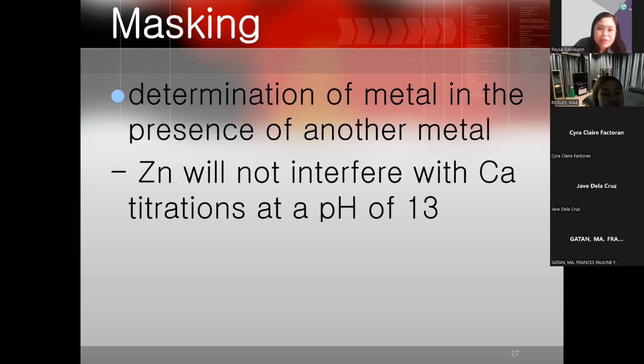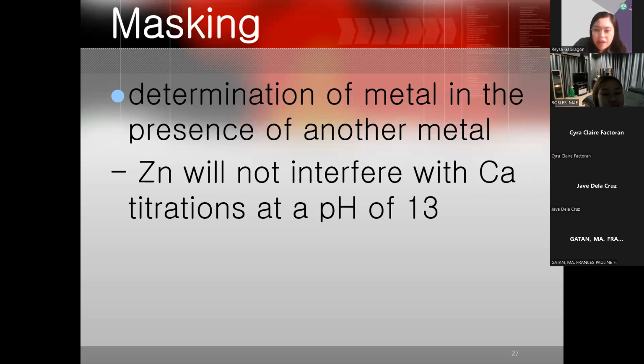So again, imamask natin siya. Just like the example in the screen, zinc will not interfere with calcium titrations at a pH of 13. So if you're going to determine the amount of calcium in a given sample, we are going to adjust the pH to 13. And even if zinc is present in the sample together with calcium, it will not interfere with the analysis.